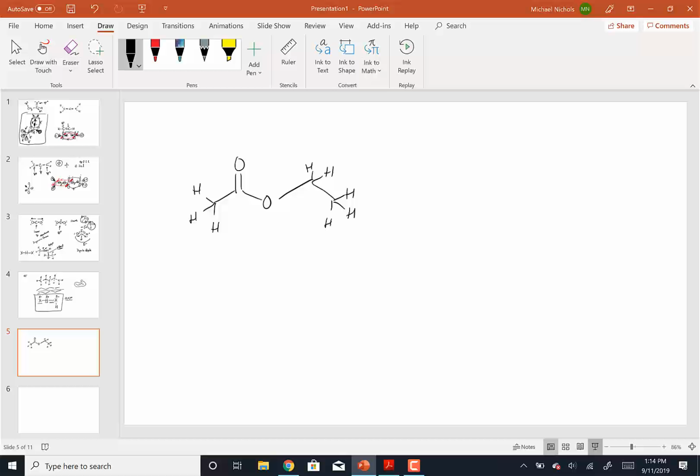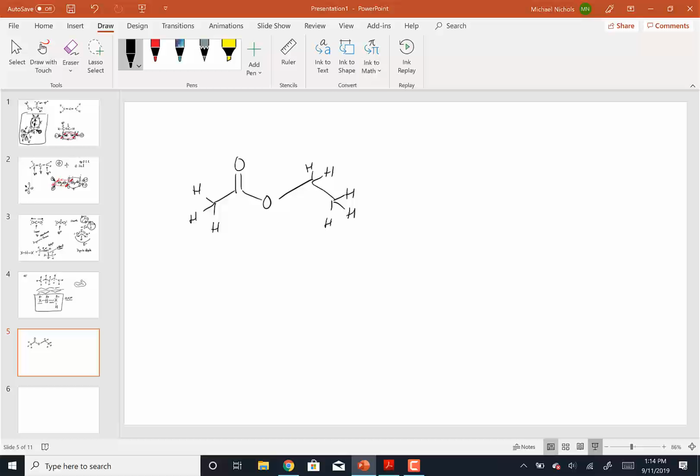Well, that's all we have here is oxygen. So all the hydrogens are attached to carbons. I cannot form a hydrogen bond between a hydrogen that's attached to a carbon and an oxygen. It's got to be oxygen, oxygen, oxygen, nitrogen, oxygen, fluorine. Carbon cannot form a hydrogen bond. So any hydrogens that are bonded to carbon cannot be involved in hydrogen bonds. So this one doesn't have any hydrogen bonding.